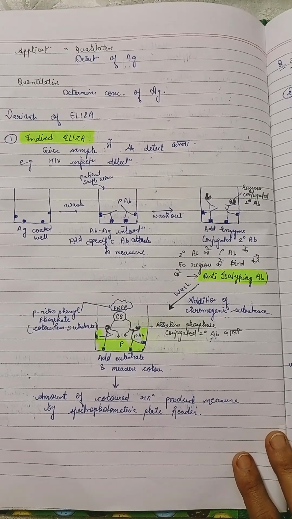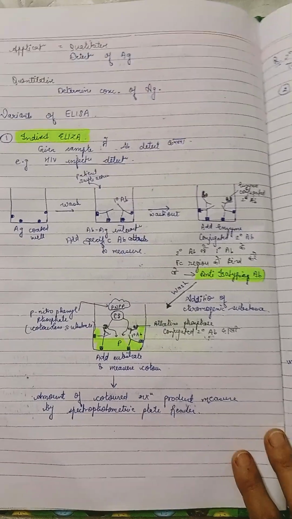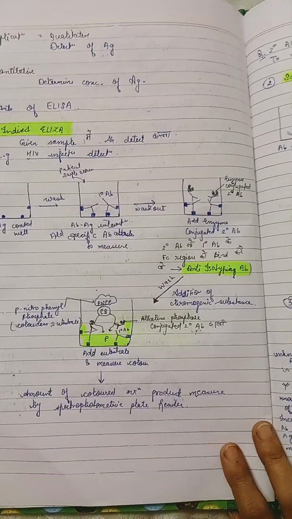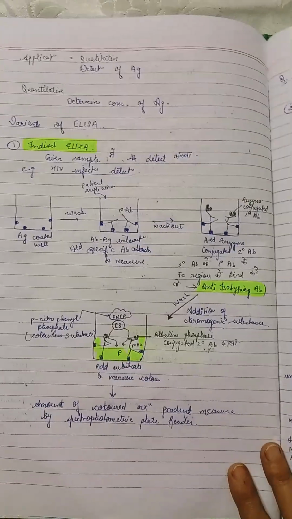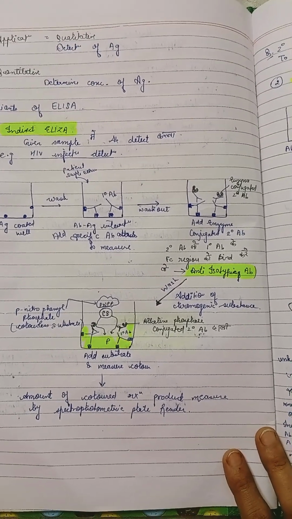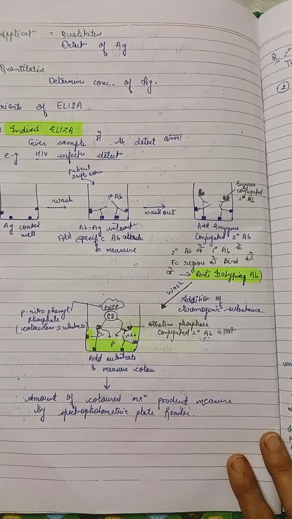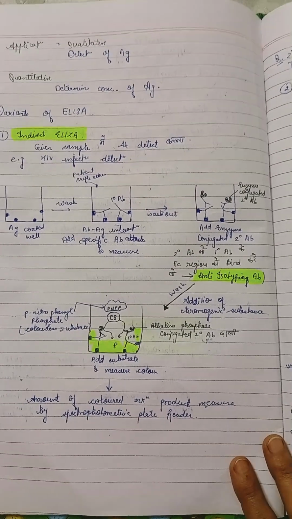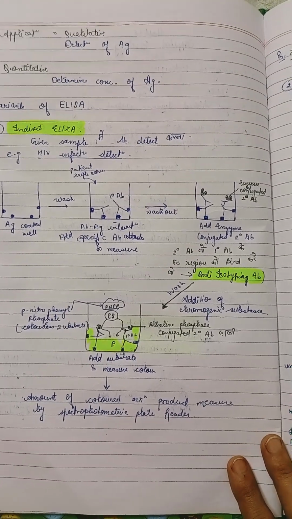Again you wash it out, and then a secondary antibody binds to the primary antibody, and the enzyme is conjugated with the secondary antibody.